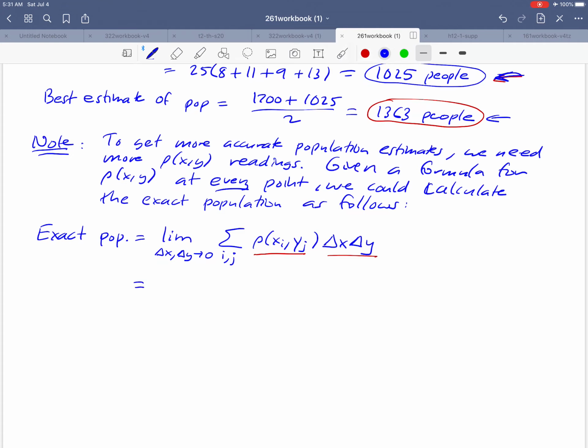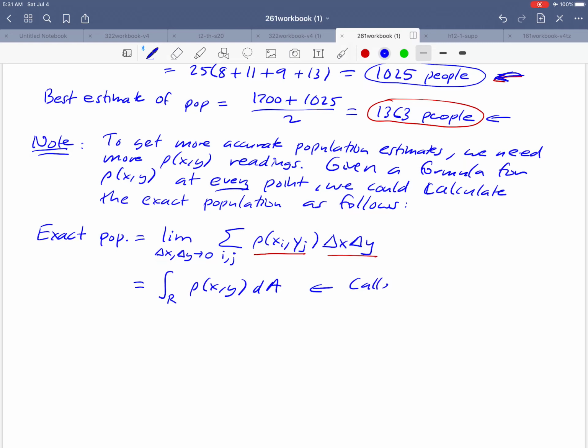Okay, well, there's a name for this limit that we're calculating. It's called a double integral. Okay, and our notation for it is going to look like this. Whoops, not f, rho. So the integral over R is just going to be the name for the rectangle that we're integrating over, rho of xy times dA.